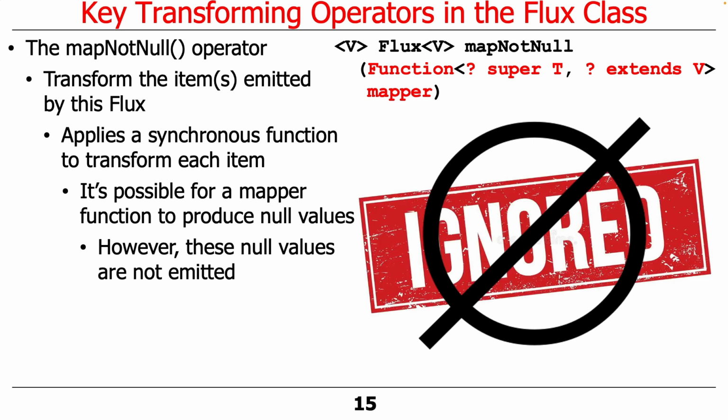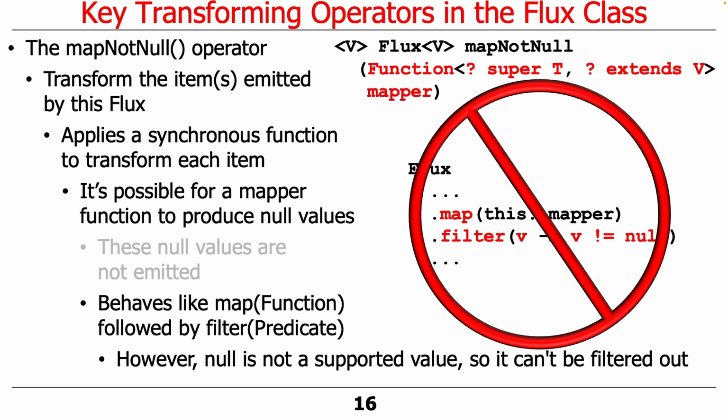And what's interesting is that if the mapper function returns a null value, mapNonNull will not emit those values. So what it's doing is mapping things, but it's omitting nulls. It should have really been called something like map-omitting-null, but that would have been a bit too verbose. So null values are actually not emitted by mapNonNull. And basically, it behaves like map followed by filter, where you filter out nulls.